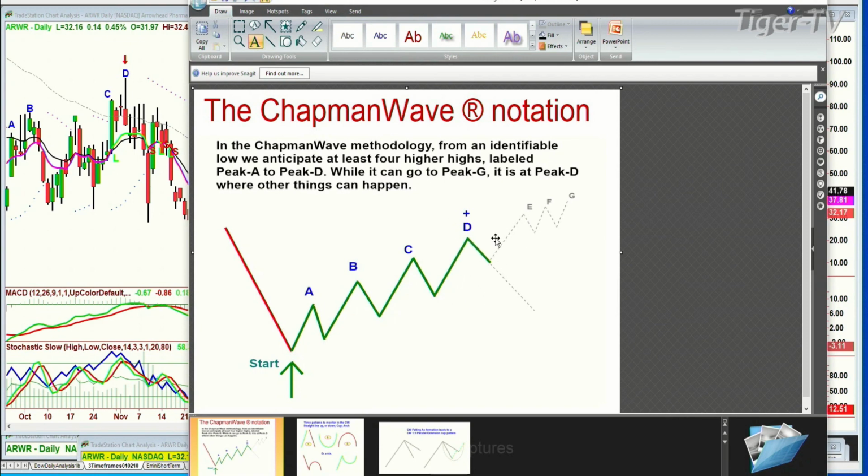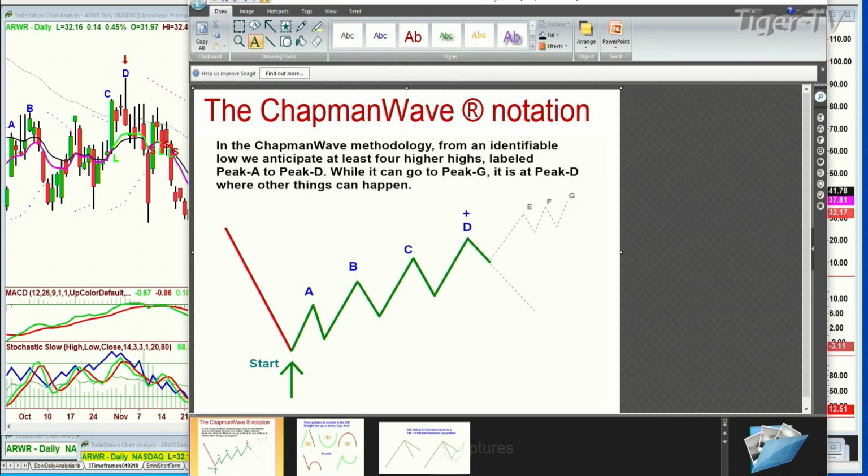At D, other things can happen. You get a Chapman wave instant restart. We had one of those in the 1 minute E-mini chart earlier on. But A to G is the alphabet that we use sequentially, up and down, uppercase on the way up, lowercase on the way down. And at G, if it goes higher, there's never an H. It's either an alternate count or the wave count is started over.